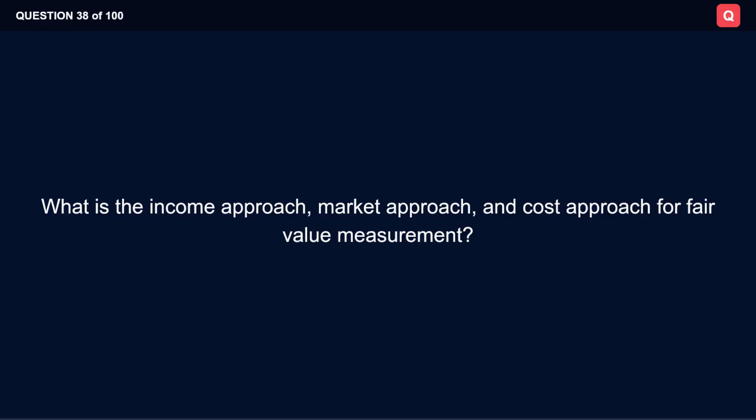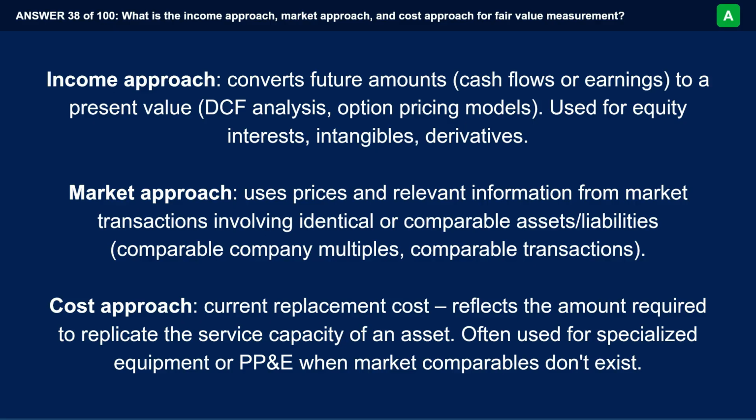What are the income approach, market approach, and cost approach for fair value measurement? The income approach converts future amounts, cash flows, or earnings to a present value: DCF analysis, option pricing models, used for equity interests, intangibles, derivatives.